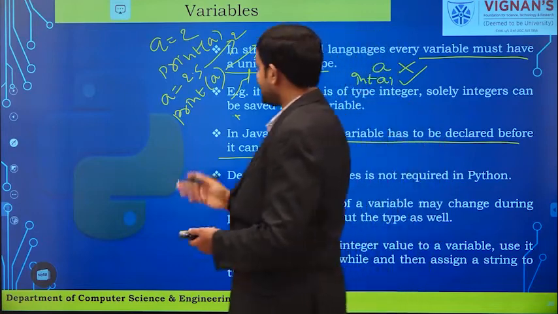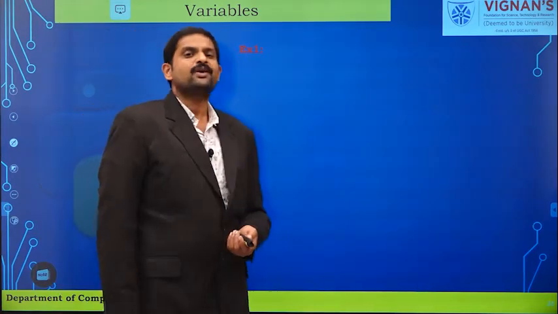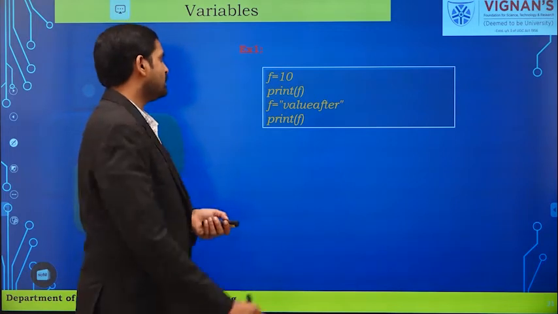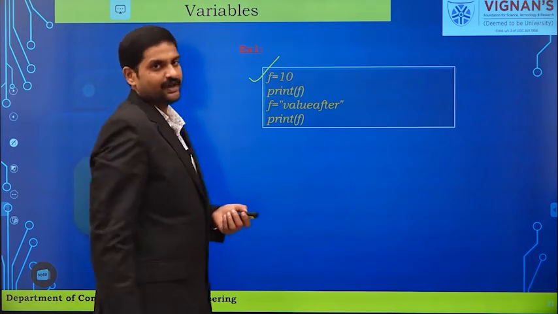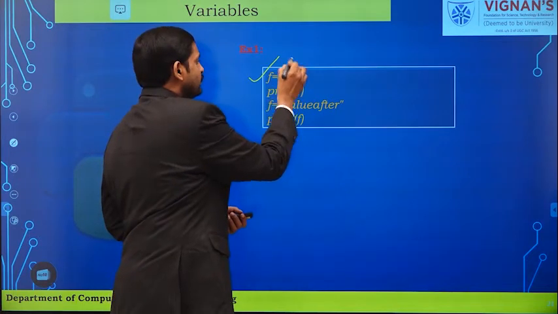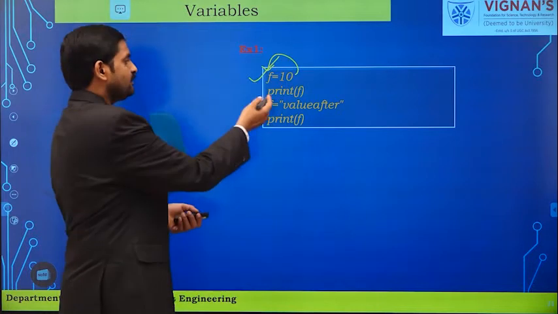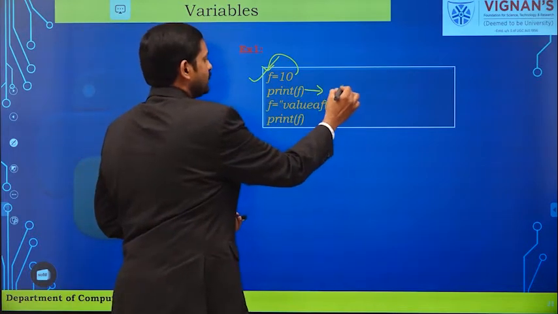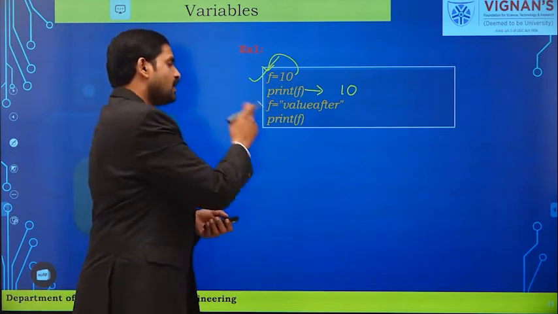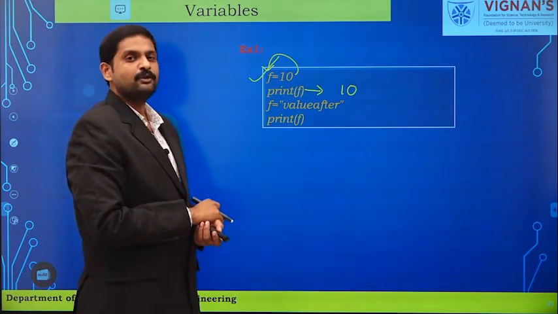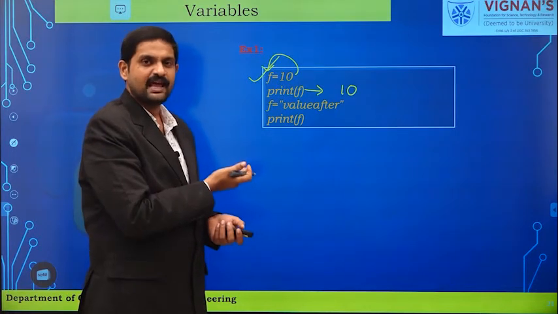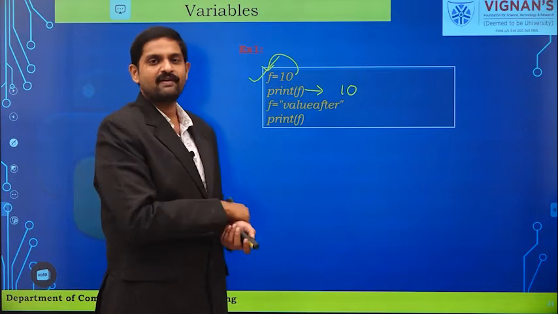Is it clear? Next, here you can see the example for declaration of the variable. f equal to 10. f is the variable, 10 is the value assigned to the variable f. Printf, what does it print? 10. Next, now you changed the value for the same variable f. Is it possible in the C language to change the type of the value?